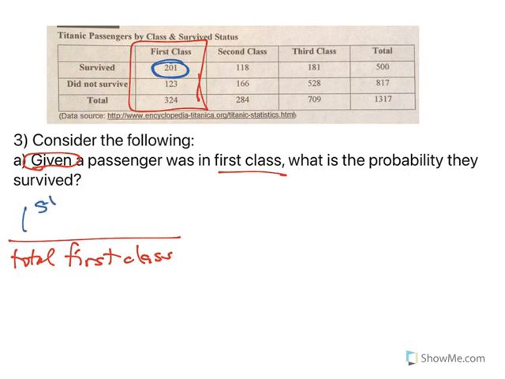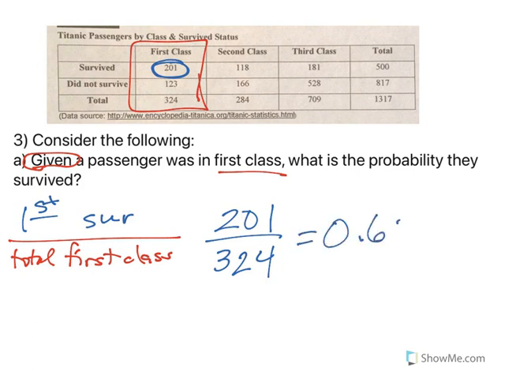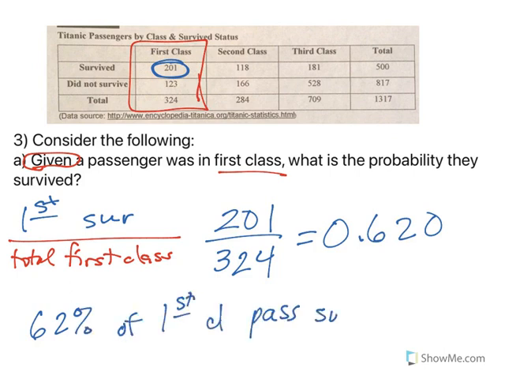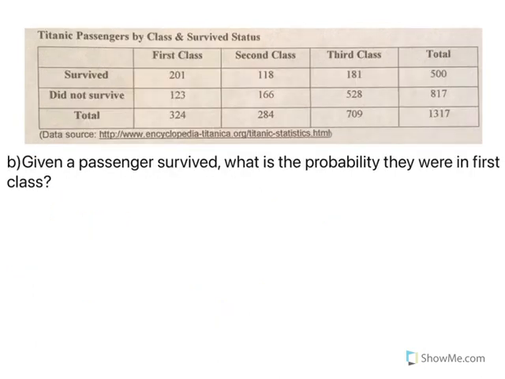So this is first class survivors over the total of first class. So 201 over 324, because there were 324 total people in first class. And that gives me 0.620. So that means 62% of first class passengers survived. So if you were in first class, you had a 62% chance of survival based off this data. Okay, so well over half of first class passengers survived.